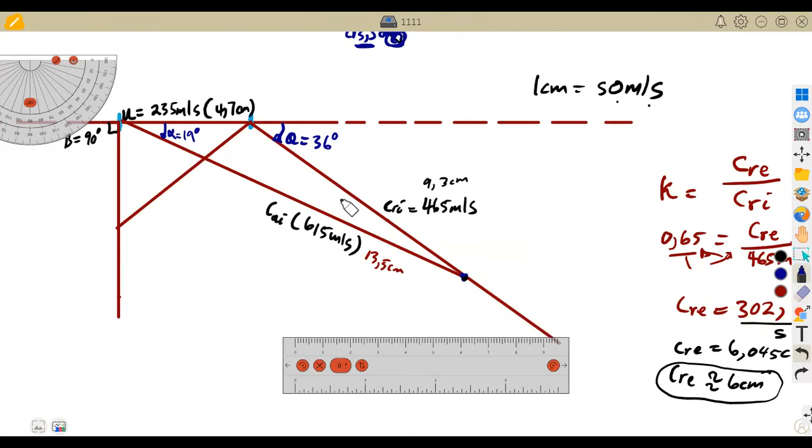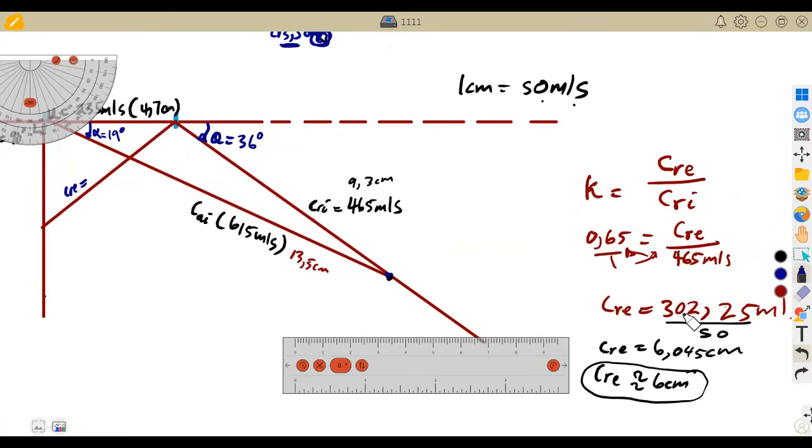So meaning to say, inlet, then we have got our exit, which is at 6 centimeters, which is 302. If you take 6 centimeters times 50 on the diagram, it is going to be 300, because you approximated to 6 centimeters. So you're going to have this as 300, but it was 302 there.